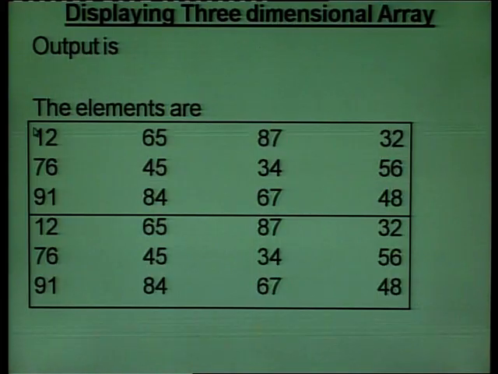The elements of the array are shown by this figure. The first element is 12, then 65, 87 and 32. It contains 4 columns, that is 12, 65, 87 and 32. These 4 columns are given here. After that it contains 3 different rows, 12, 76 and 91. These 3 rows are given by this array, and there are 2 sets, the first set and the second set. These sets are shown by this diagram.